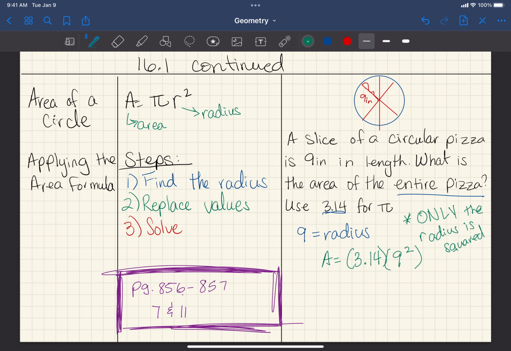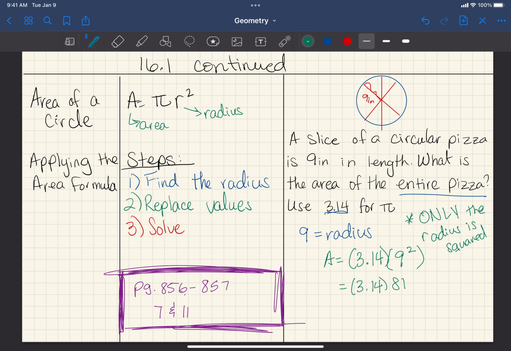Okay, it's separate. So remembering that, I'm going to do 3.14 still. 9 squared is, remember, just 9 times 9, which is 81. And now I can go ahead on my calculator and do 81 times 3.14. And I get that my area is 254.34 inches squared. That's where my units become squared.